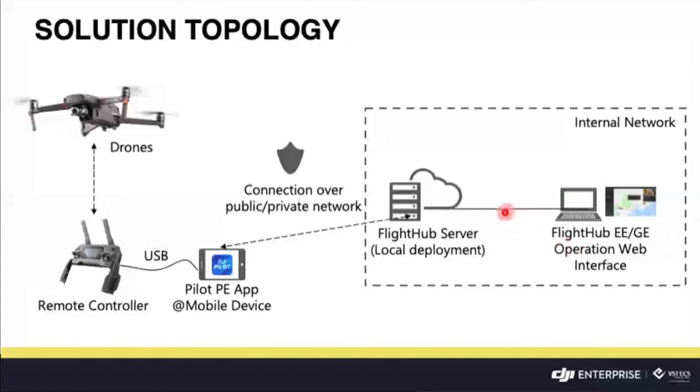DJI Flight Hub is compatible with the following drone platforms through the DJI Pilot and DJI Pilot PE mobile applications, such as Matrice 300 RTK, Matrice 200 series version 2, the Matrice 600 Pro, Inspire 2, Mavic 2 Enterprise, Mavic 2 Enterprise Dual, Phantom 4 Pro, including the Pro Plus, and the Phantom 4 RTK.